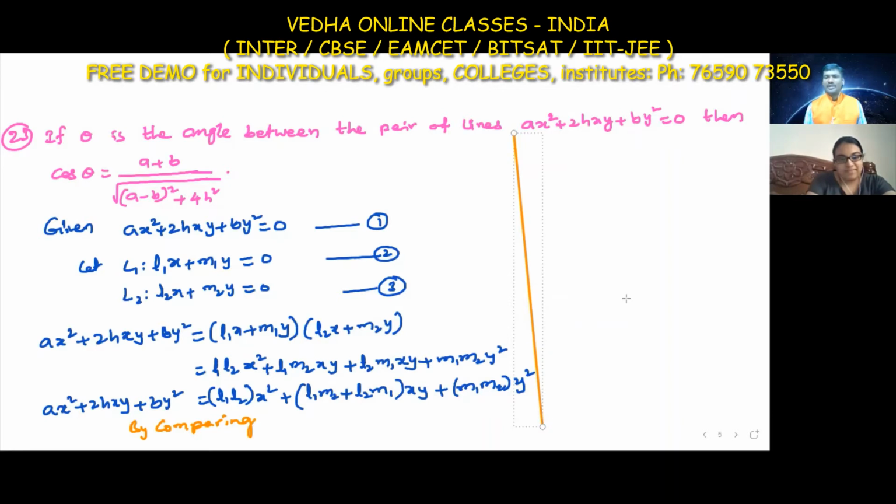The x square coefficient a is equal to L1 into L2, and 2h is the xy coefficient, that is L1 M2 plus L2 M1, and b is the y square coefficient, that is M1 into M2. These are the coefficients here.